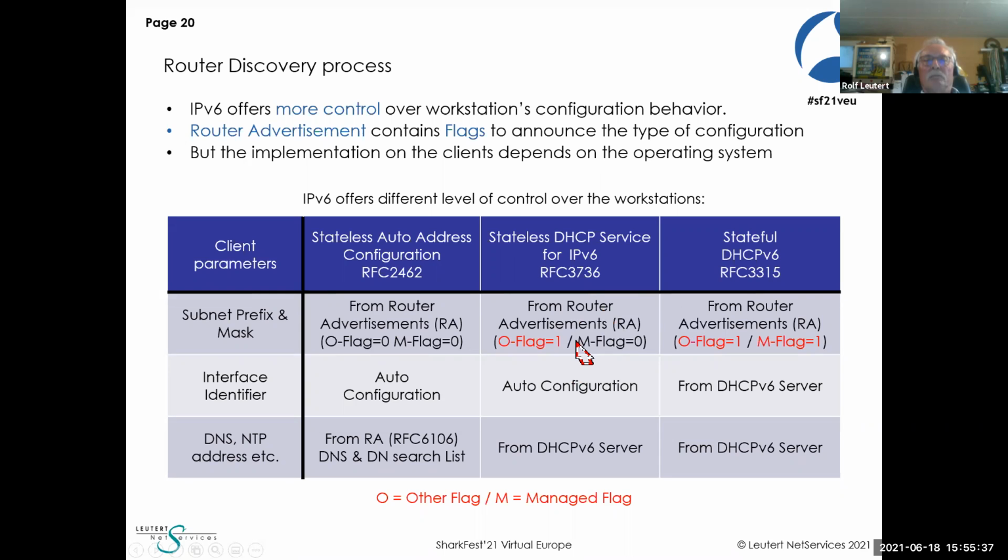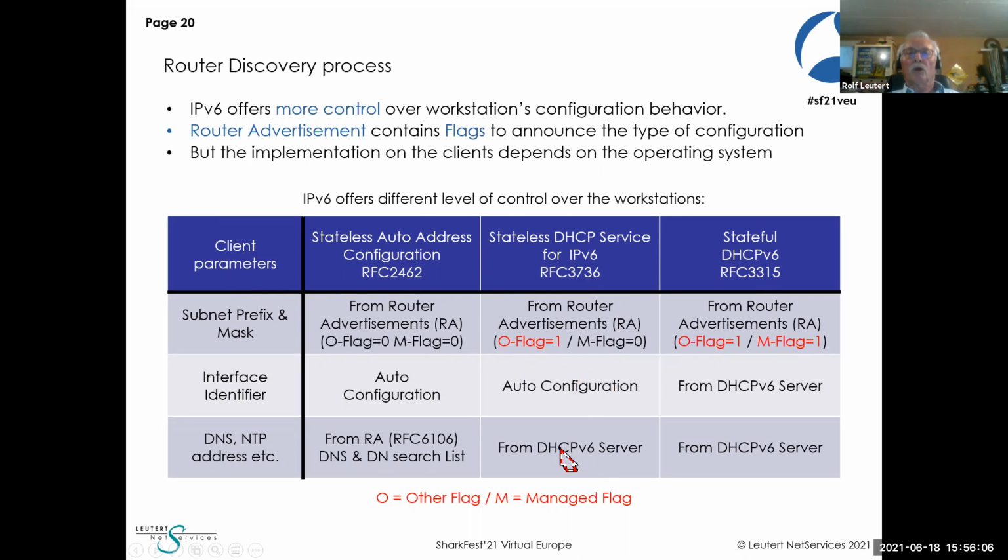We can go one step further. Let's say you have an IP phone. An IP phone may ask for more parameters, like a TFTP server or whatever. These are not provided by the router so far. So you can tell the client, use your own for the interface identifier, and for the prefix, use what the router is giving you, and for the default gateway and all this stuff.